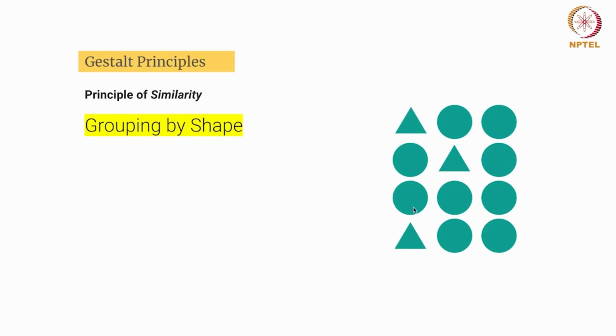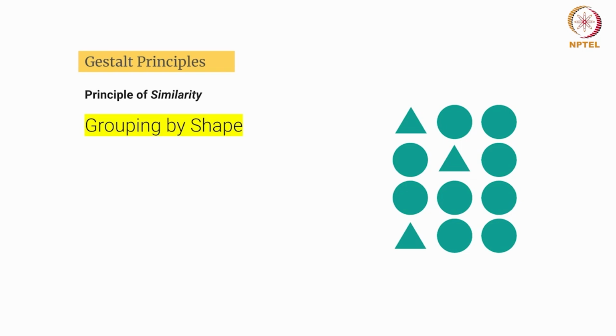Similarly, the rest of the circles feel like they are in one group. So this is how grouping by shape happens. And this is again very important when you do any kind of composition and you are using multiple shapes to define or navigate the overall information. Then grouping by shape will definitely play an important role, and we as designers have to understand how such compositions can create different perceptions.